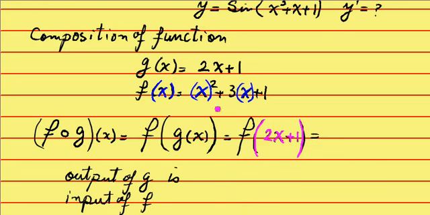This purple color is going to stand for the blue one all across the board, and we are going to get the following. So let me write it. I take that and put it there. It's 2x plus 1. Wherever you see that blue stuff, you have to replace it by this purple color. So it's going to be 2x plus 1, that's going to be squared, and then plus 3 times 2x plus 1.